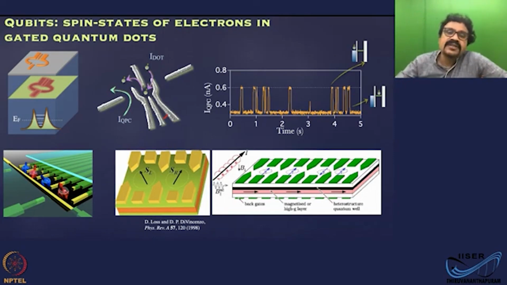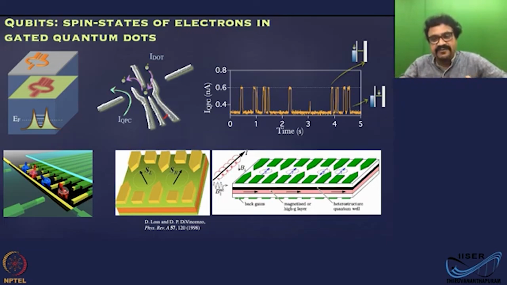So based on this framework, Loss and DiVincenzo proposed that the spin states of electrons trapped in these quantum dots, these gated structures, can host qubits. So the important point is, these are gated devices. So it's a scalable architecture.